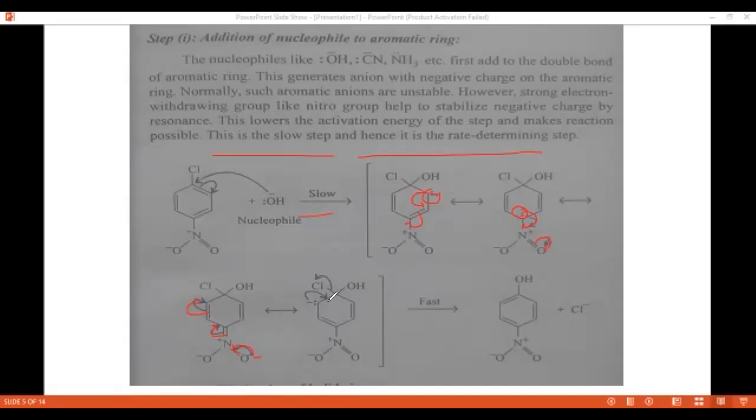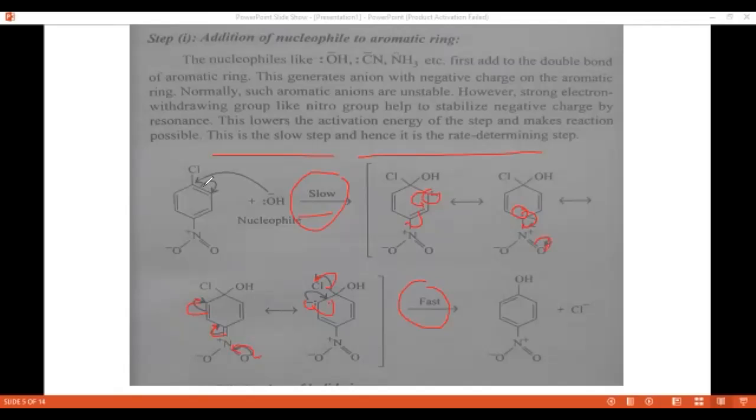In the last structure, the chlorine atom is displaced. The negative charge shifts and is delocalized again. The first step is a slow step, and the second step is a fast step. In the rate determining step, the nucleophile is attached to the carbon atom.